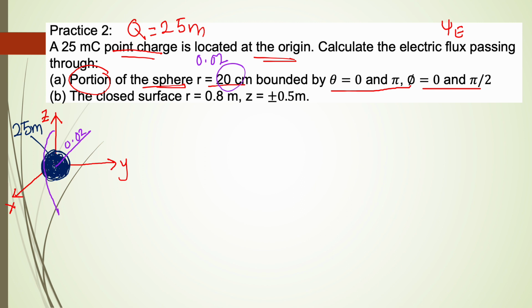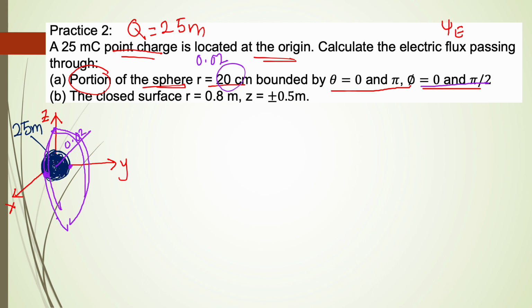Let me try to draw it properly. Theta here is 0, and then to pi, so 0 to pi is here. Phi is 0 to pi over 2, so 0 is located here and pi over 2 is located here.